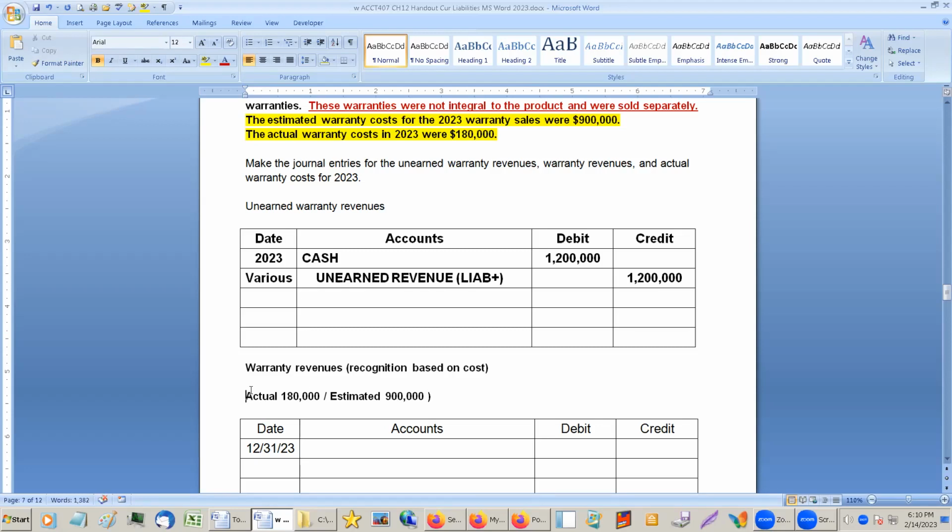That'll give you a percentage, and we're going to multiply that by 1,200,000, and we'll see how much of it we have earned.